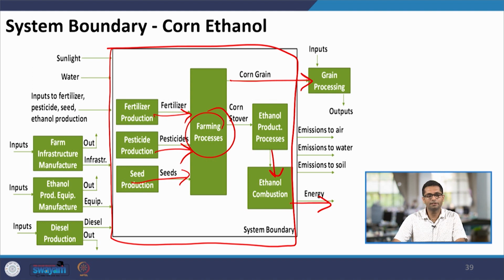Say for example, the tractor taking a typical life of 15 years might be used for tilling a lot of fields. So, if you divide all the manufacturing energy or the manufacturing elements that would have gone in the construction of a tractor over the lifespan of the tractor, where it is used for farming 2 to 3 crops a season, the final impact would come out to be very small. And so, these kinds of assumptions have to be taken in when we define a system boundary.